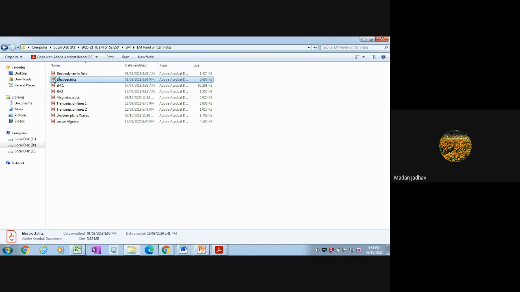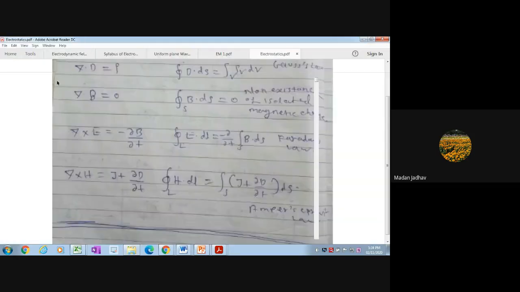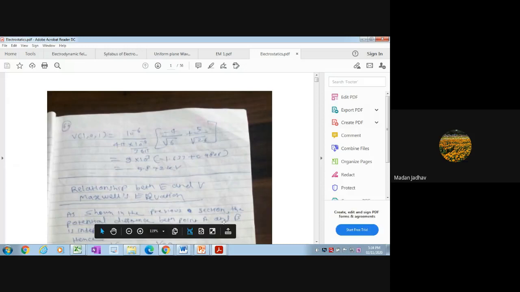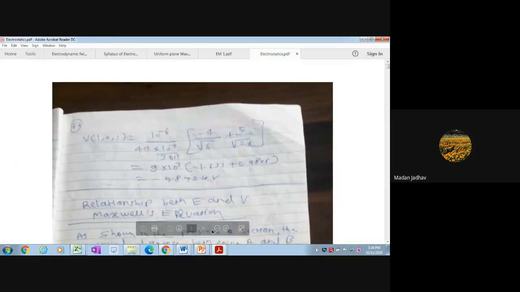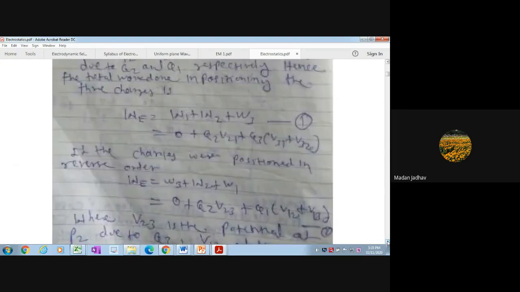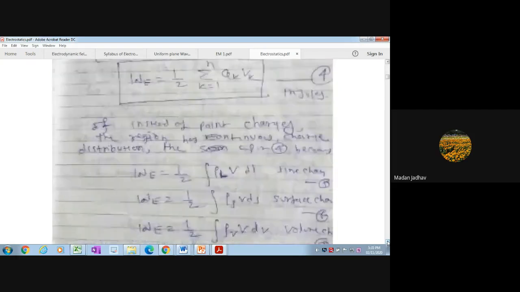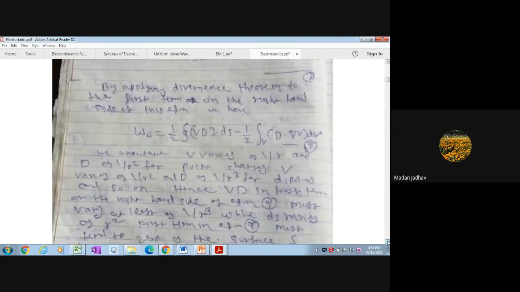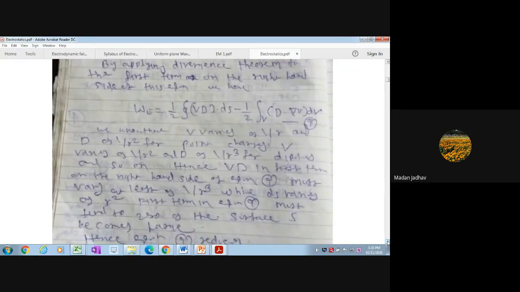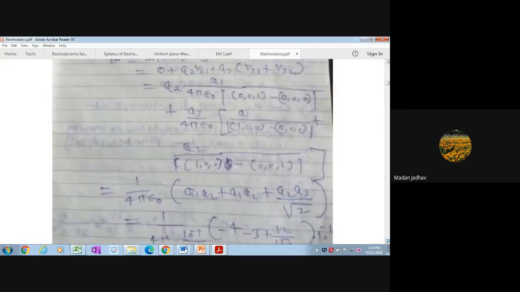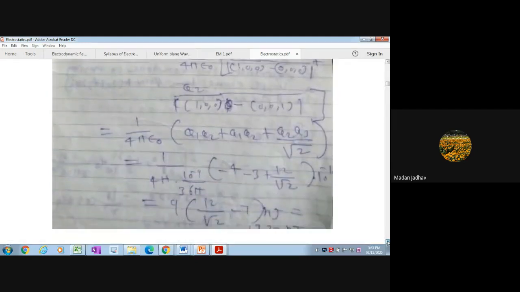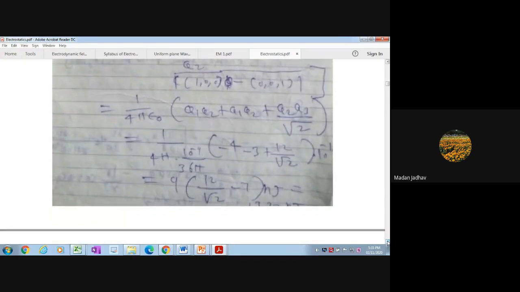The first component is tangential to the interface of the boundary, and the other component is normal to the interface of the boundary. And therefore the resultant electric field is formed by the normal component and the tangential component of the electric field.